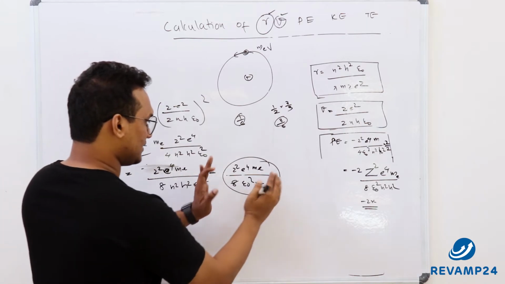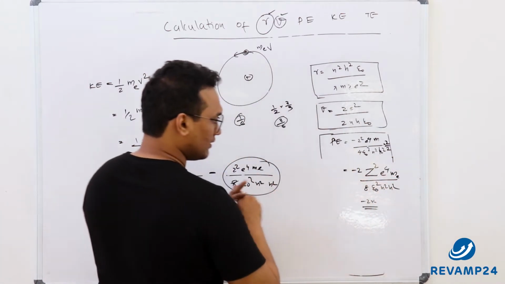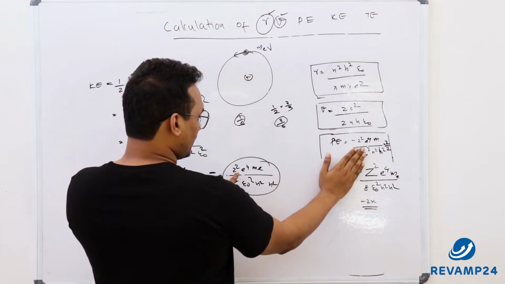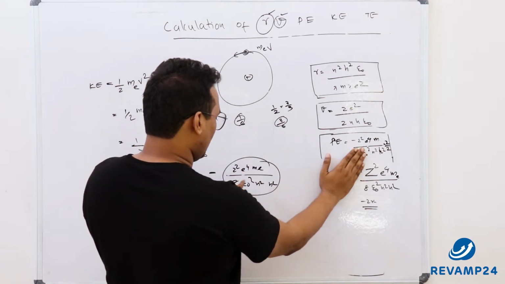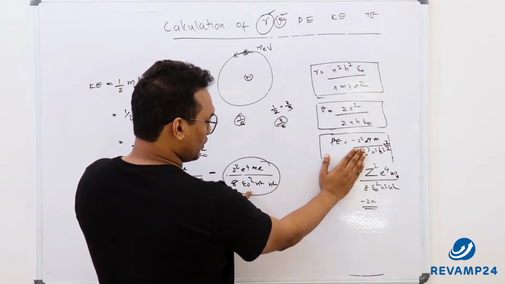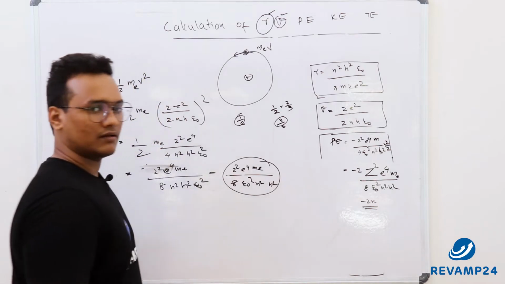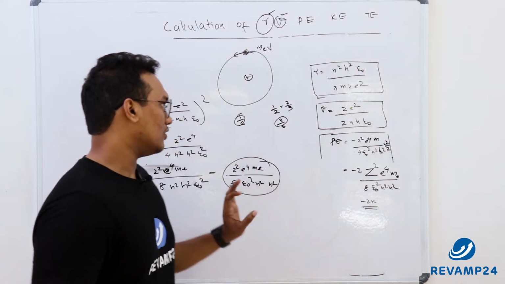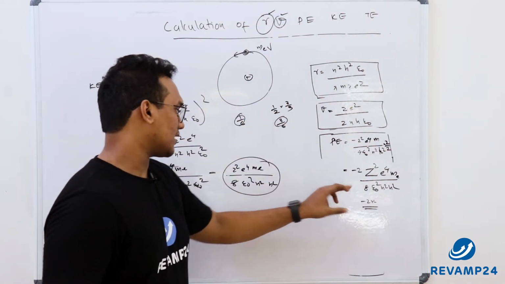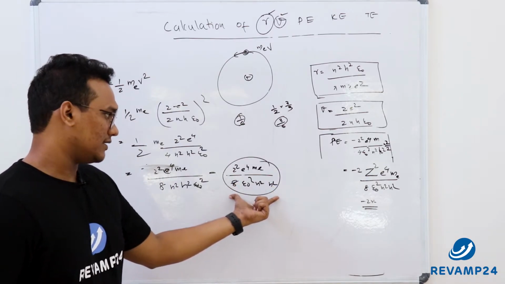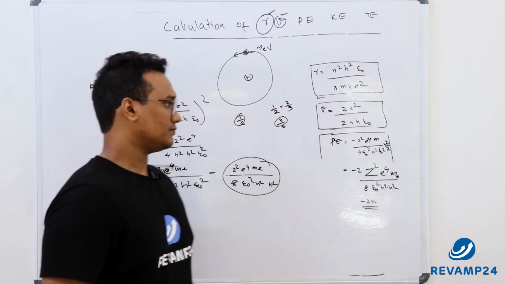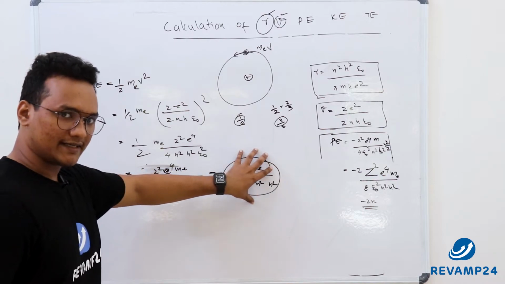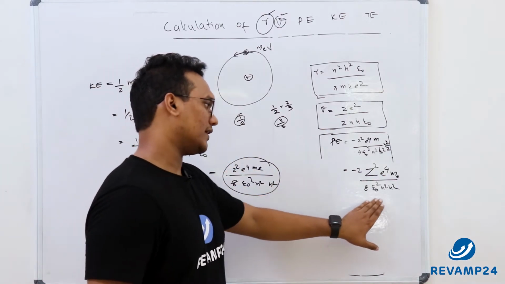Okay, same value. Now to get the value of potential energy, find kinetic energy, then multiply by minus 2.